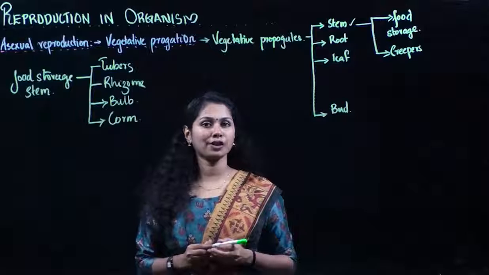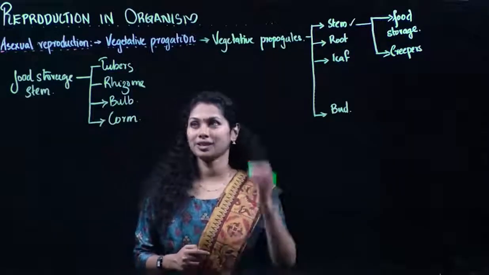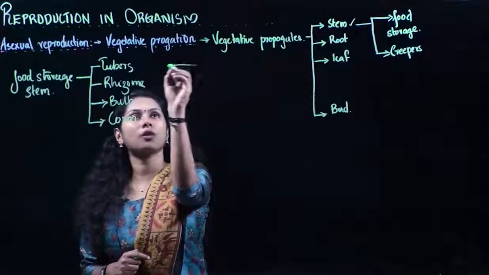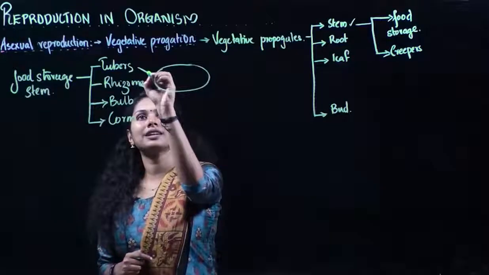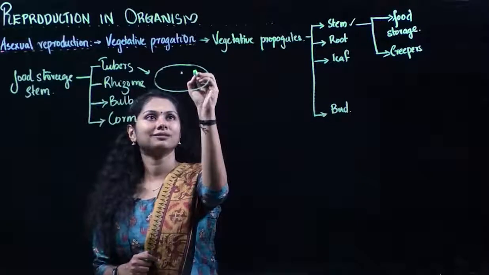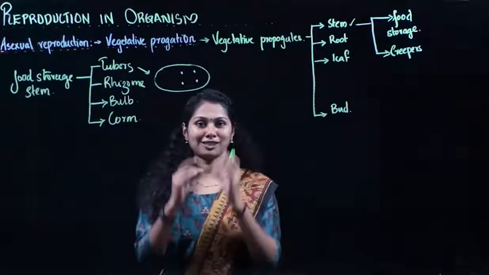Tubers are the food storing stems which have no specific nodes and internodes. We cannot distinguish a node and an internode of a tuber. An example of a tuber is a potato, which has no nodes or internodes when we see that stem part.